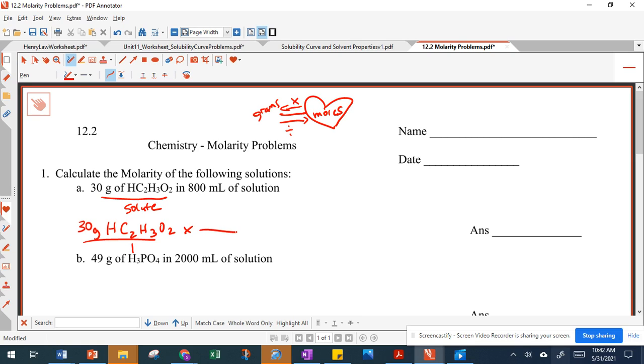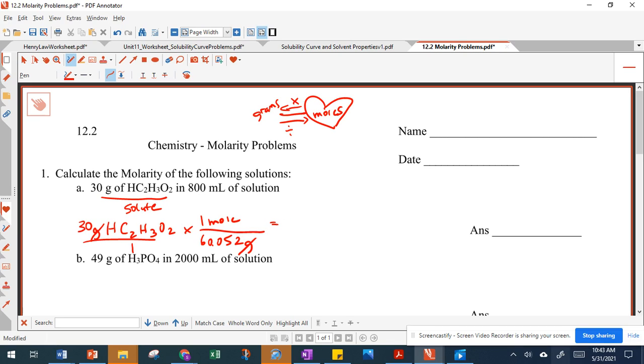Here, we're going to have to find the molar mass from our periodic table. You should have your periodic table out. So we have 1.008 plus 2 times 12.01 plus 3 times 1.008 plus 2 times 16. And this gives us 60.052 grams in 1 mole. You notice here that the grams cancel out, we're left with moles.